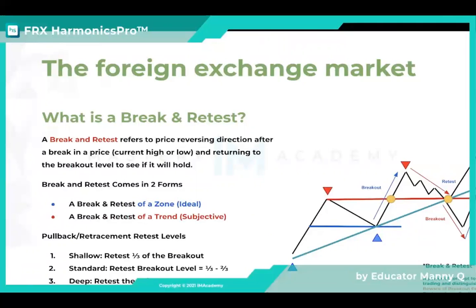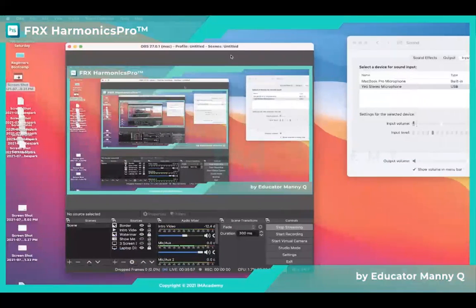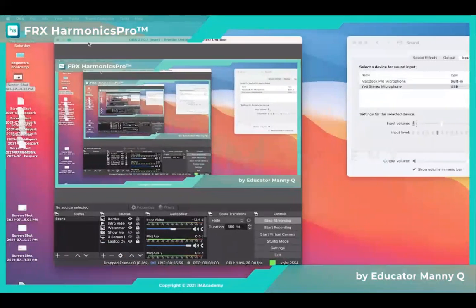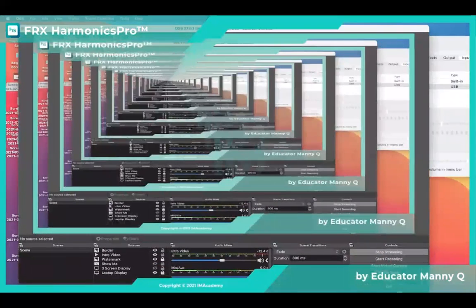Okay, it says that my screen is zoomed in. Give me one moment. I don't mean to break off of this. Let me look at this OBS. You are right, the screen is zoomed in. Let me try something.